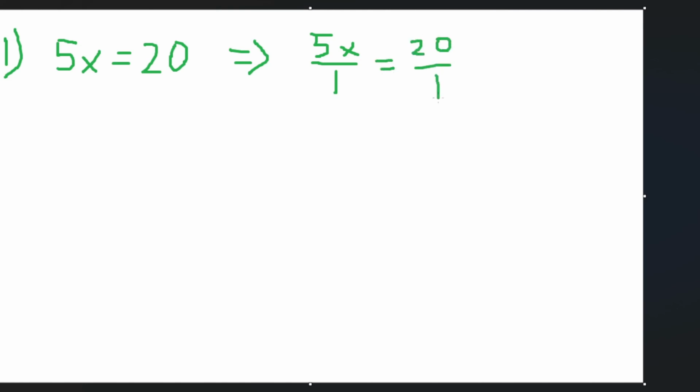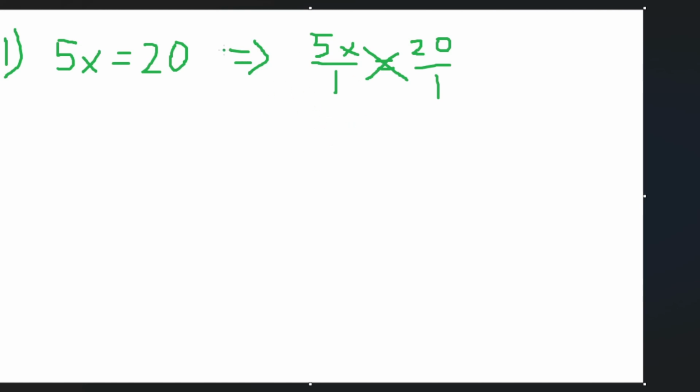So for the first one, it's just your basic problem. You can't really even call it cross multiplication. You can call it cross multiplication if you say 5x over 1 equal to 20 over 1, and then the 5x gets multiplied with 1 and the 1 gets multiplied with 20.